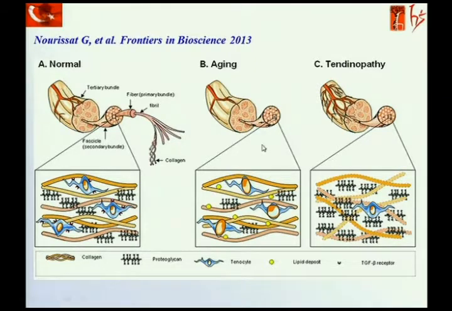Look at the normal tendon with plenty of proteoglycan and plenty of collagen, with non-problematic tenocytes.